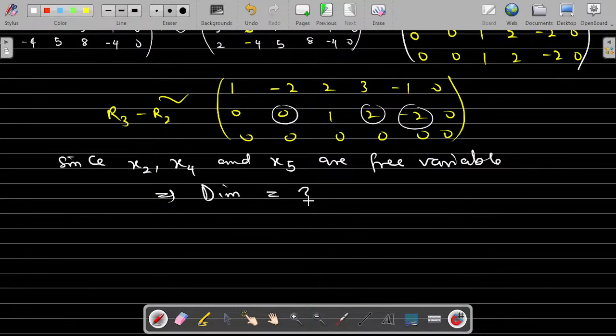Okay, so that's giving us the number of free variables that we have left, and then we can get our basis from there as well.